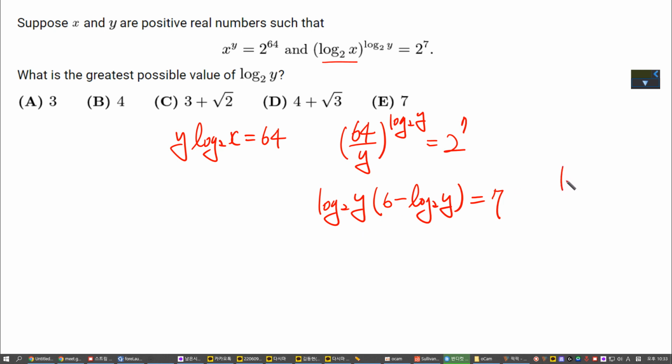So let's say log 2 of y is equal to the capital Y. So 6Y minus Y squared is 7.